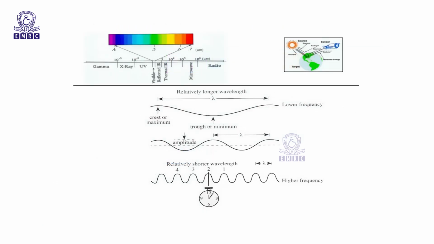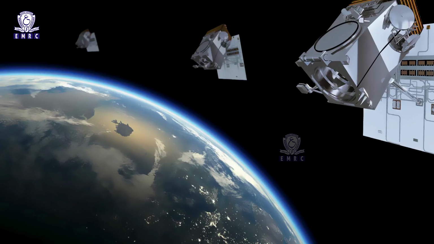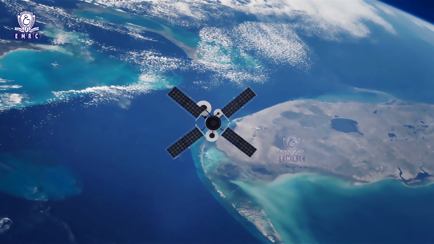On the other hand, when the sensors work in the regions of electromagnetic waves with frequencies between 10 to the power of 9 and 10 to the power of 12 Hz, it is called microwave remote sensing. This is highly useful as it provides observation of the Earth's surface regardless of day or night and atmospheric conditions.